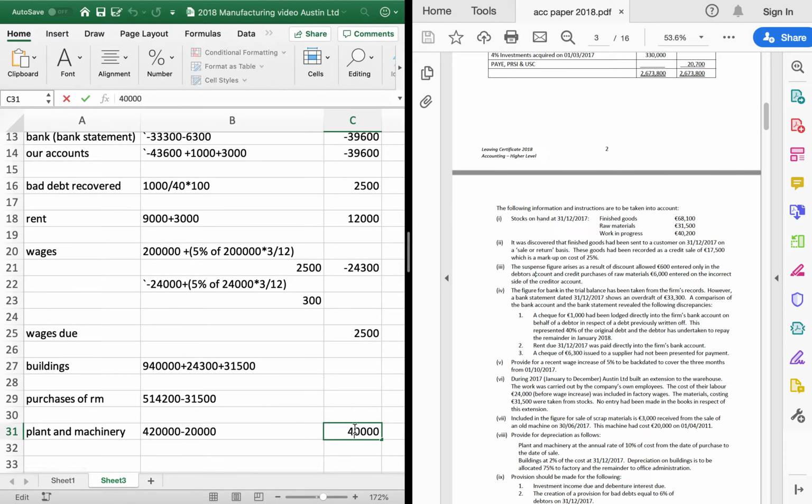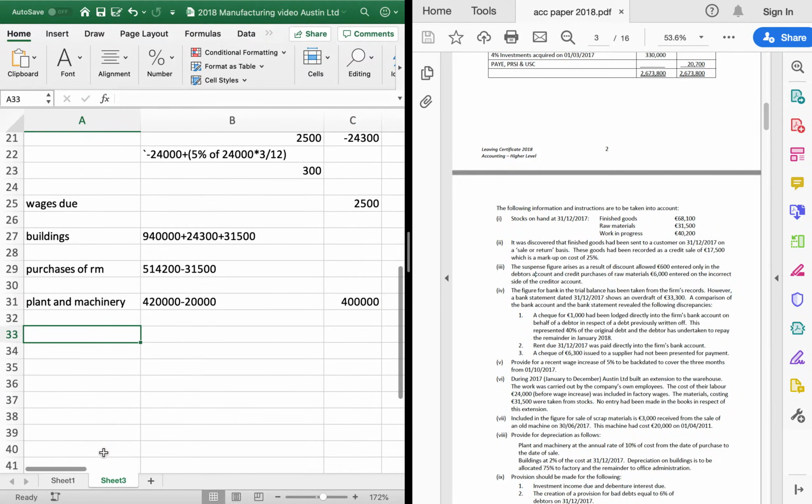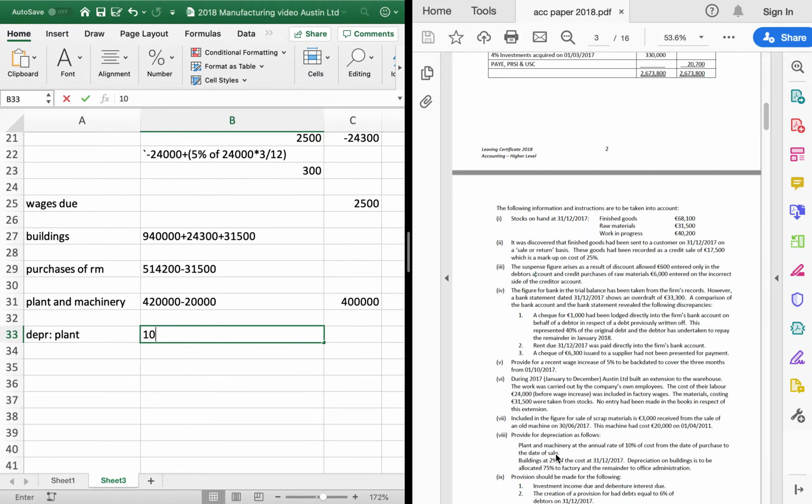The second part is the depreciation of it. So it tells us the rate of depreciation is 10%. So it's 10% of 420,000 multiplied by 6/12. So that machine was sold after 6/12. So it'll be 21,000.